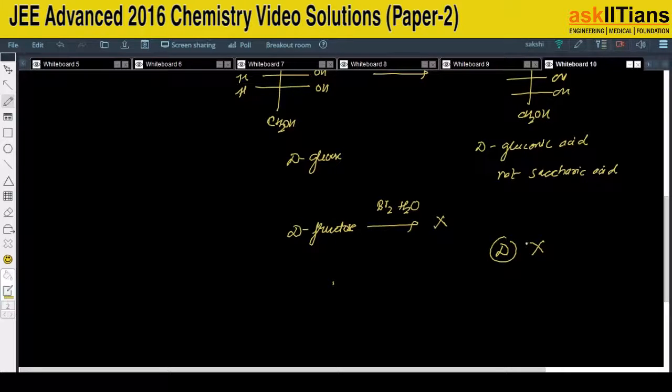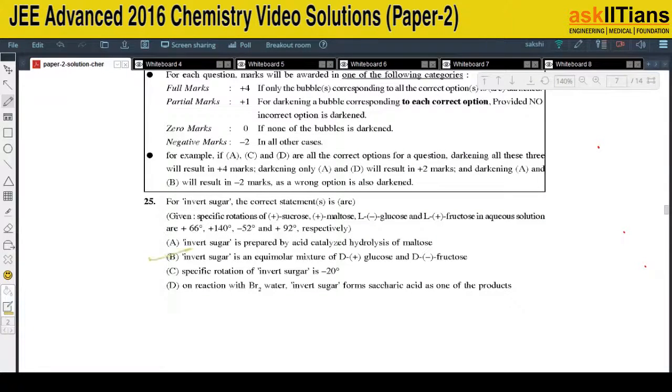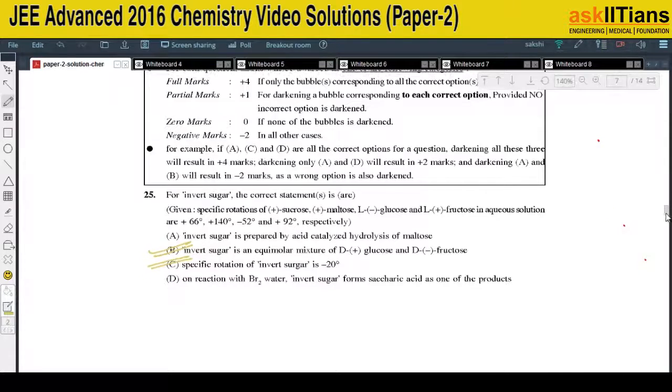Option D says that on reaction with bromine water, invert sugar forms saccharic acid as one of the products, and you have seen that it is not forming saccharic acid as any of the products. So for this question, I will ask you to mark option number B and option number C as the correct options.